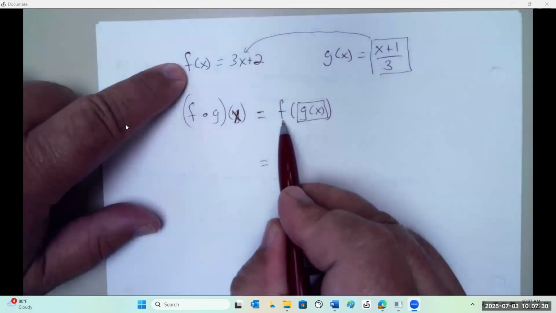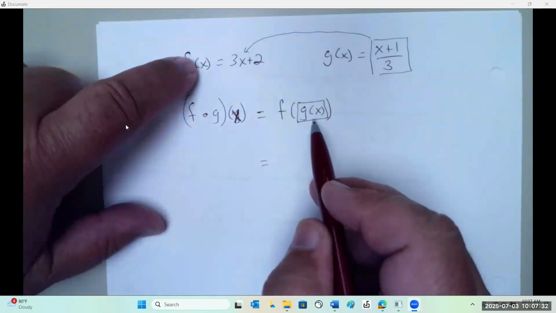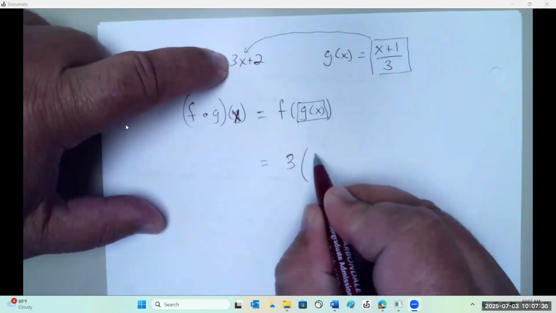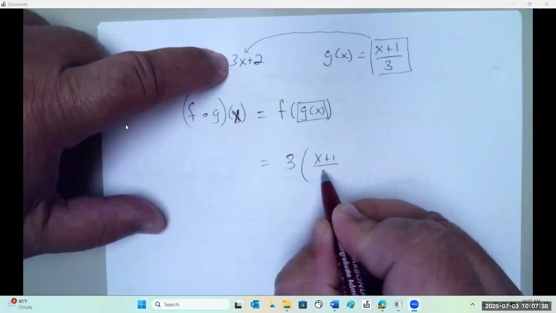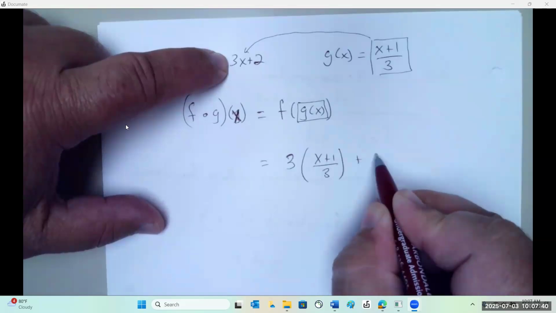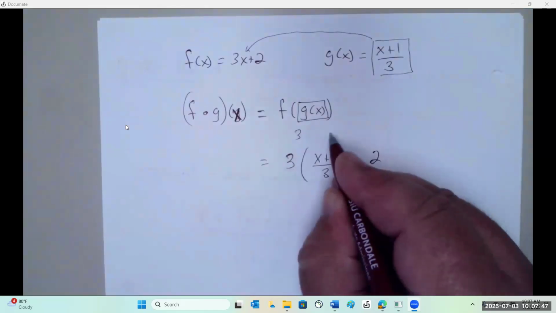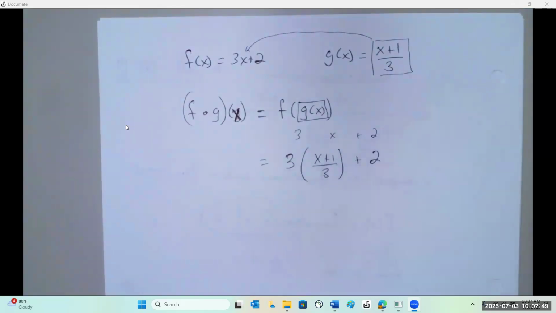My f function is the outer one. And so anywhere I see x inside that one, I put g. This is my 3 times the quantity (x plus 1) over 3, plus 2.